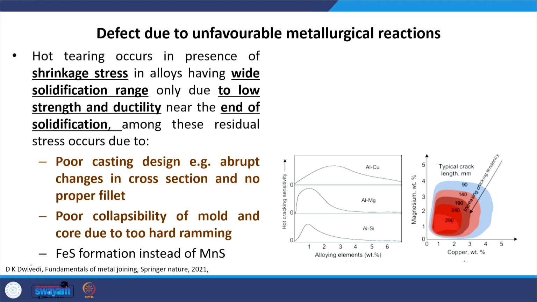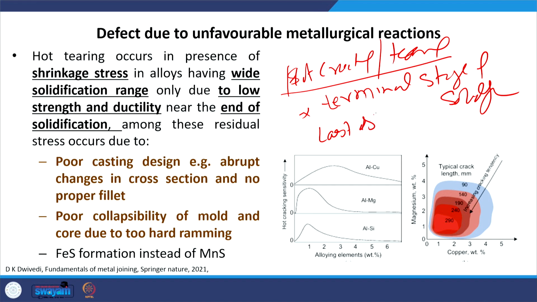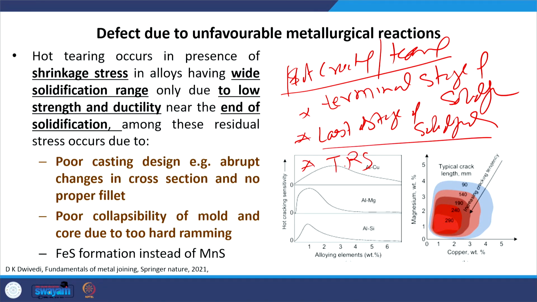Hot tearing or hot cracking occurs at the terminal stage of solidification. This means the last stage of solidification, and it occurs especially when tensile residual stresses develop in the solidified portion of the casting, which is shrinking.